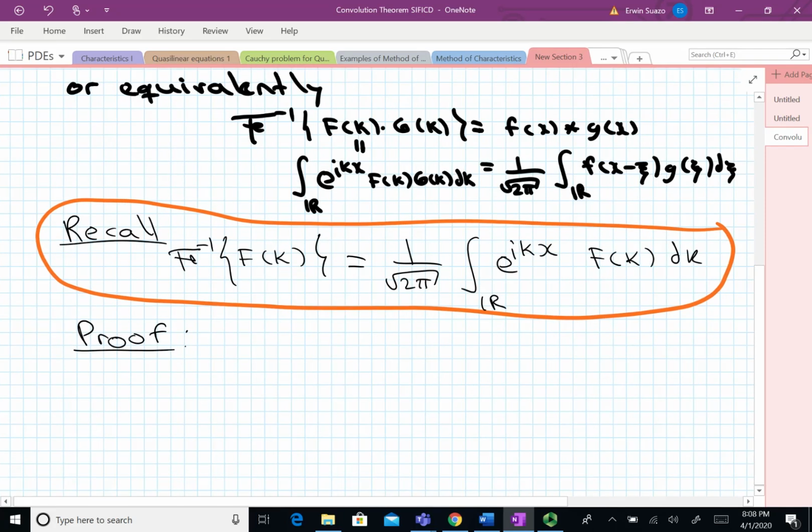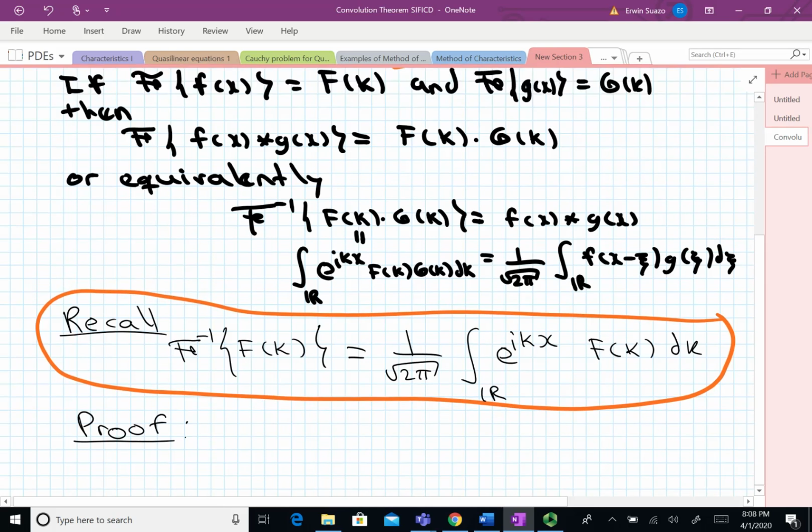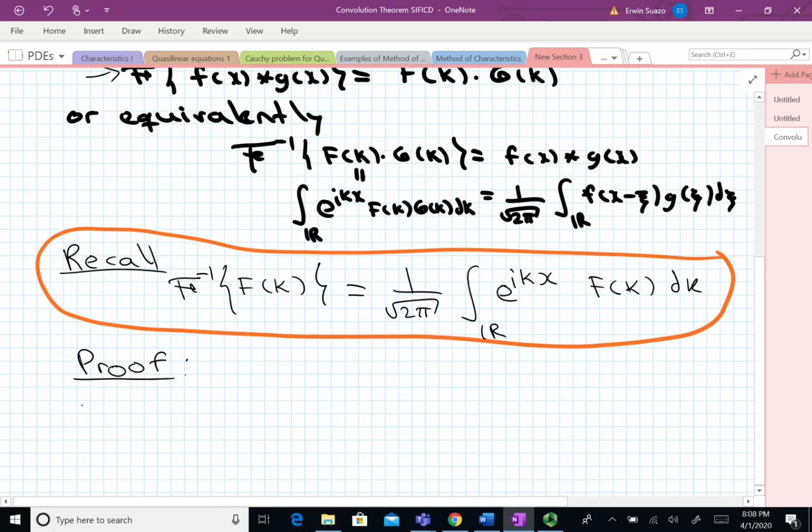Okay. So first, let's start over here. The Fourier transform of the convolution of f and g is, using the other notation, the convolution of f and g hat, evaluated at zeta. That's the same thing. It's just definition.